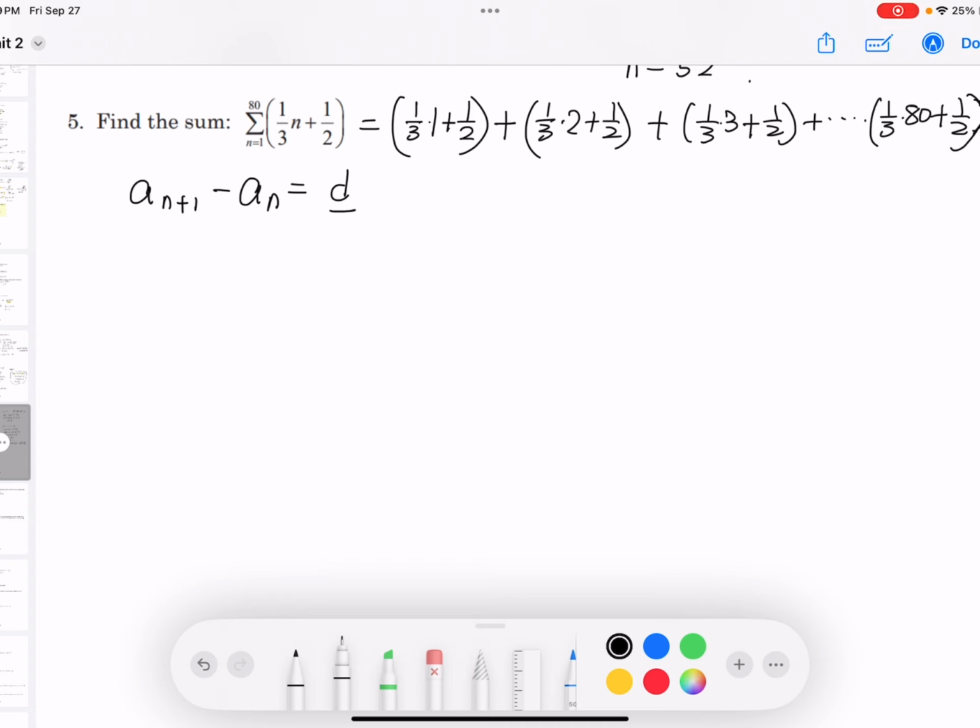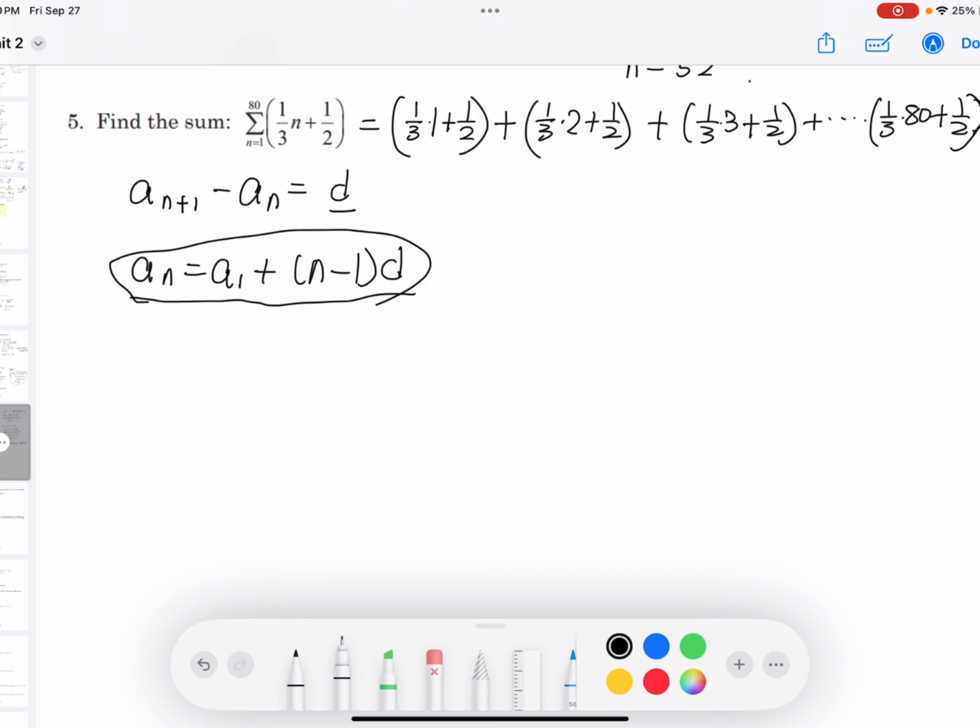You can also use another formula, a sub n equals a sub 1 plus n minus 1 times d. If it satisfies this equation, you can also prove this is an arithmetic sequence. I'm going to use the first one.